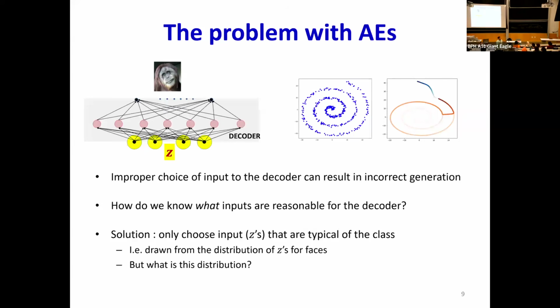It doesn't tell you what z's are going to produce valid faces, right? Even in that low-dimensional space, the volume of z that actually will generate a face is going to be very small. More often than not, if I randomly choose a z from it, what's going to come out is going to be any odd thing. So we need a way of constraining the z's so that we know exactly what z's to feed for the model to generate faces. Is that making sense to everybody, right?